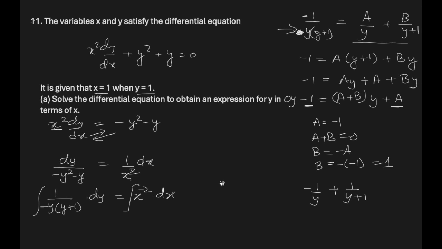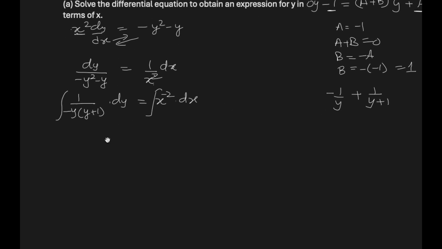And now I will use the same here to integrate this. So minus 1 over y dy plus 1 over y plus 1 dy equal to x square minus 2, x to the power minus 2 dx.